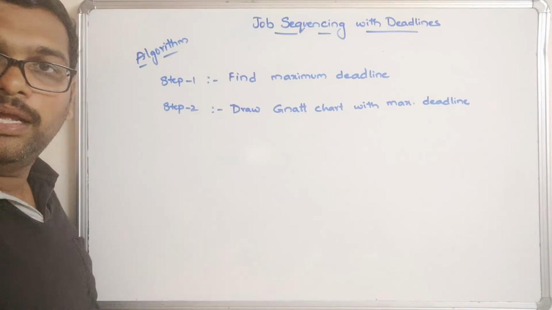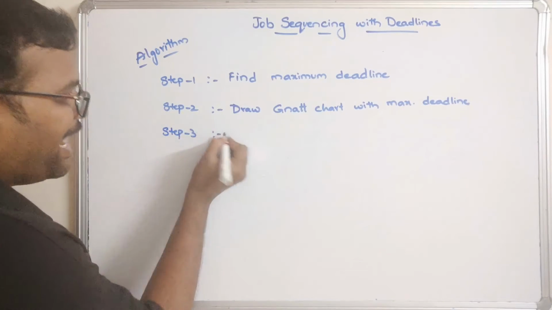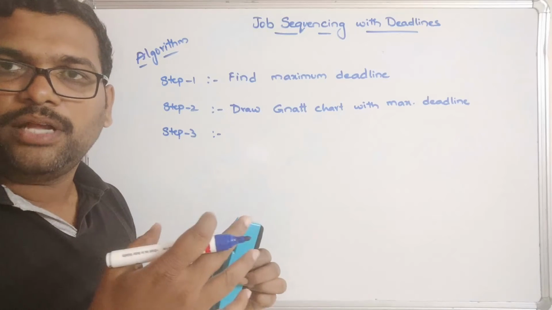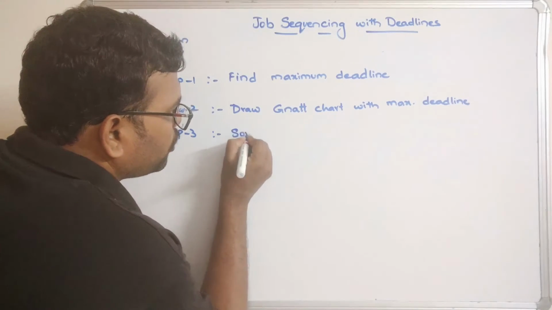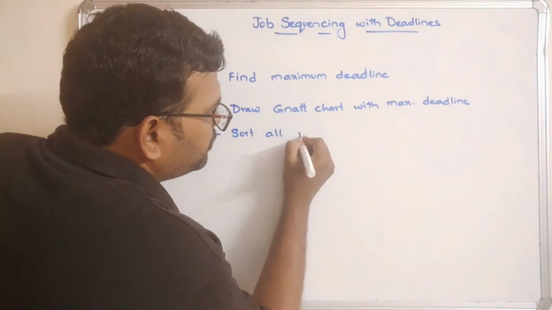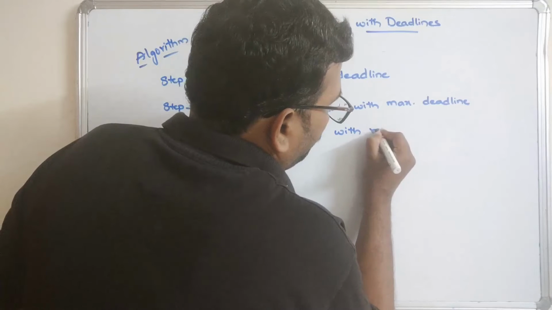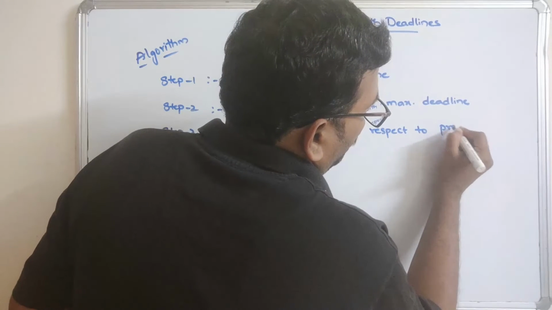So we have drawn. And step 3, after completion of this Gantt chart, we need to sort the jobs according to profits. Sort all jobs with respect to profits.